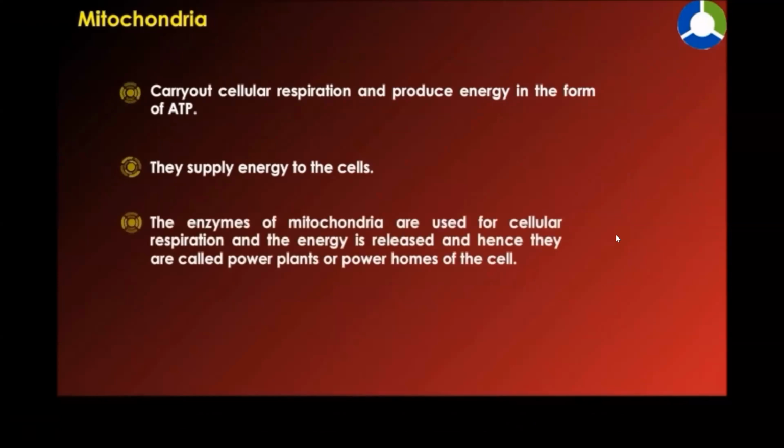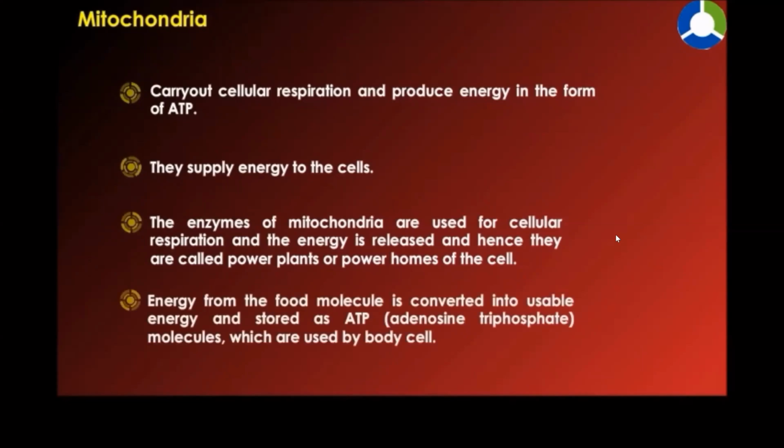The enzymes of mitochondria are used for cellular respiration and the energy is released, and hence they are called power plants or power homes of the cell. Energy from the food molecule is converted into usable energy and stored as ATP, adenosine triphosphate molecules, which are used by body cells.